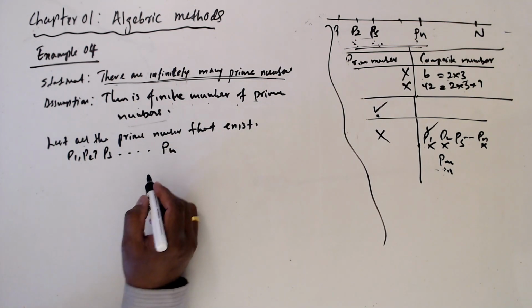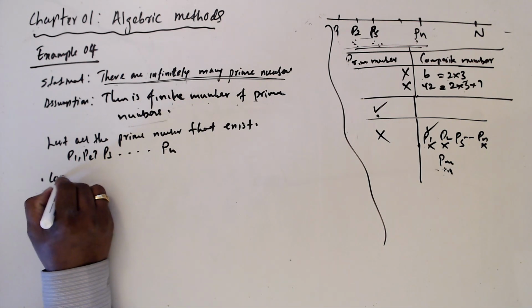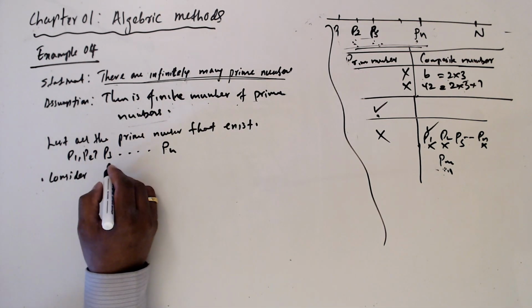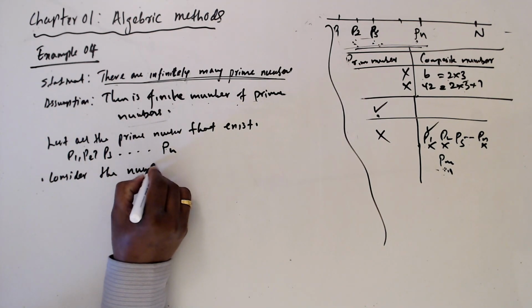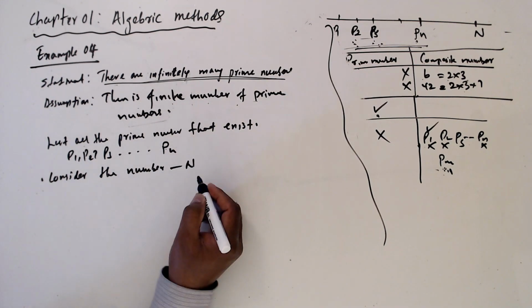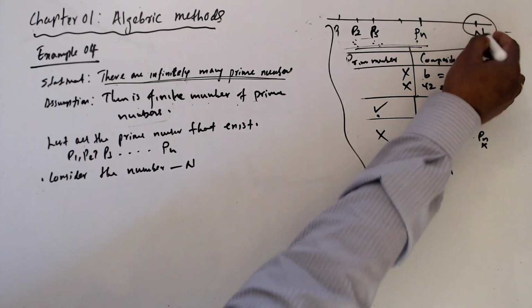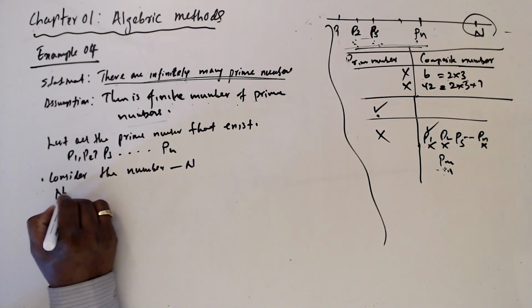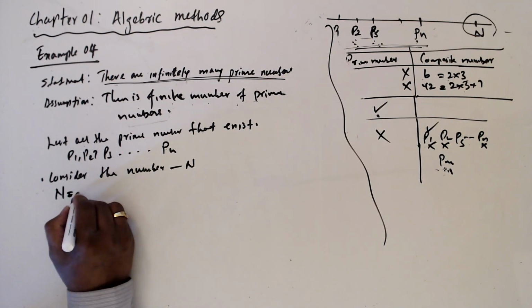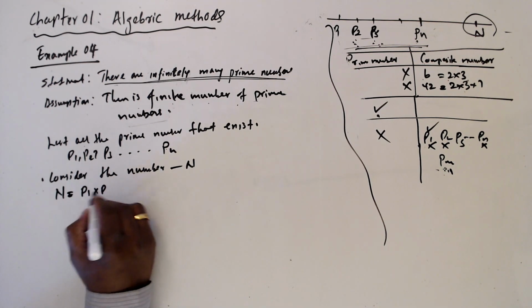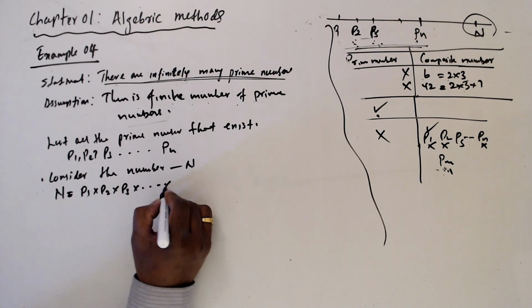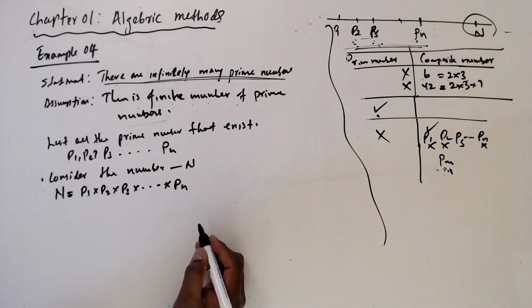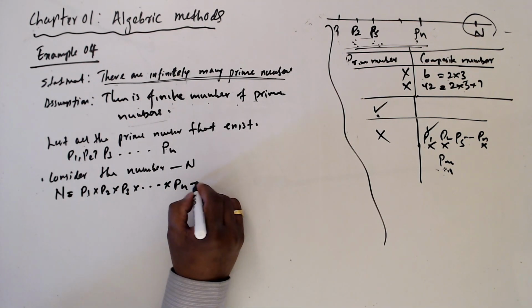Then consider a new number n, somewhere in this number line. We make this n by multiplying P1 times P2 times P3 times dot dot dot Pn, and we add 1.